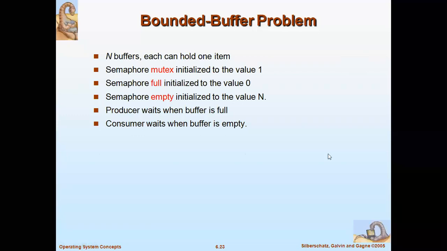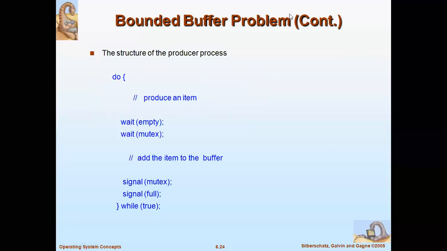Moving on to the next slide. This is the structure of the producer process. Now we will see how this works. Remember, the producer and the consumer processes share something common. The critical section problem is about a section wherein common things are being shared.